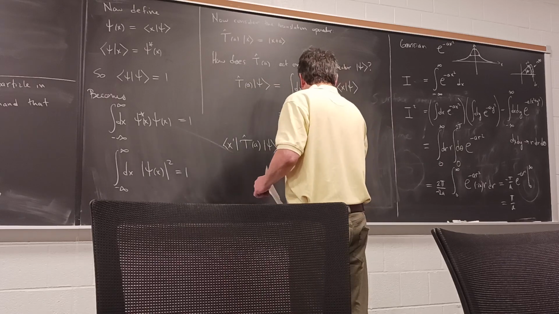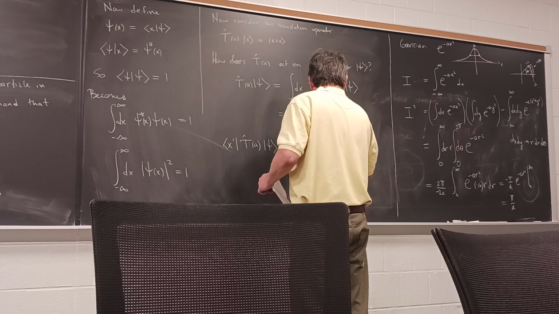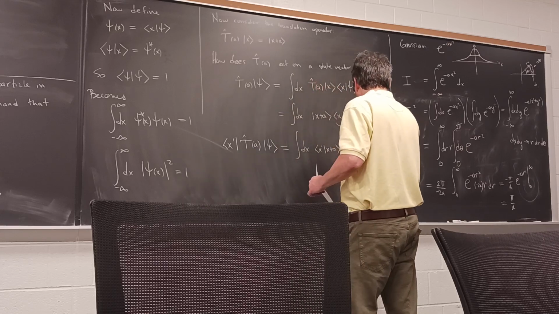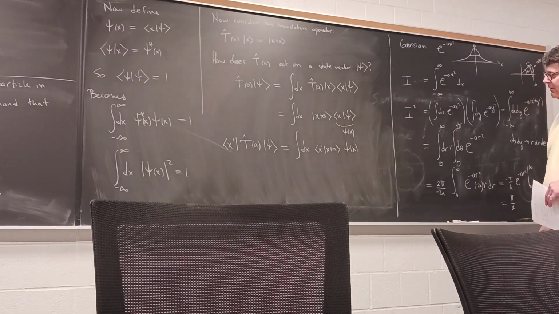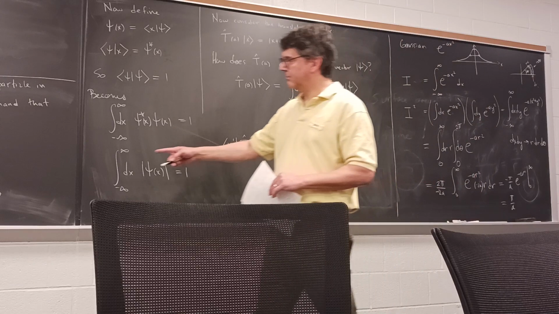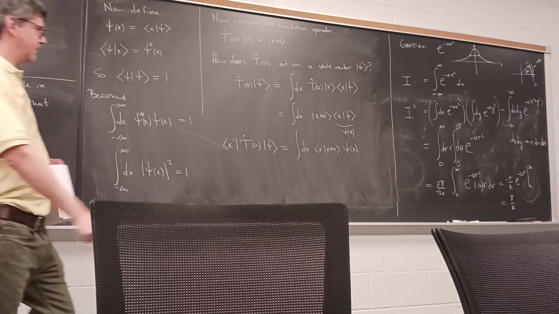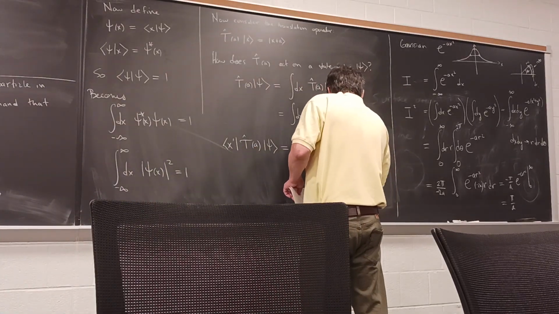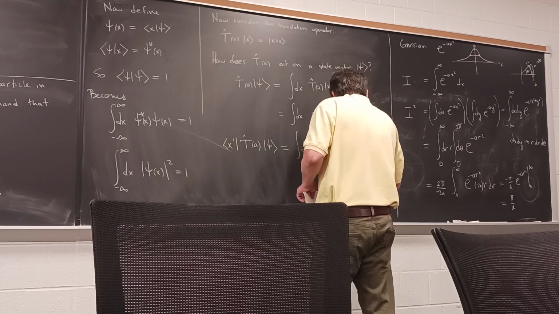So that's the integral over dx of x prime, x plus a times psi of x. And now we can go back to our Dirac delta function definition and say that it's the difference of these two things. This is delta of x prime minus x plus a.